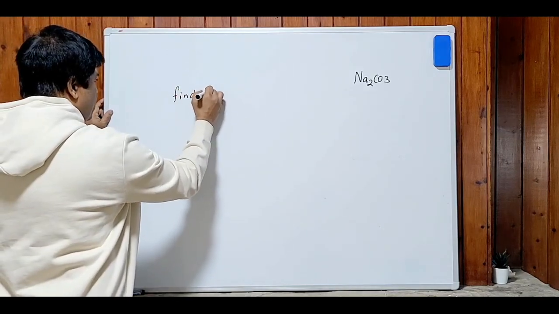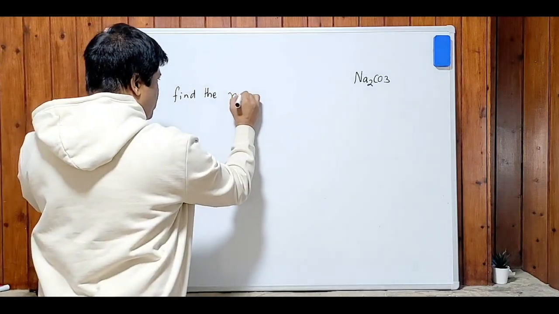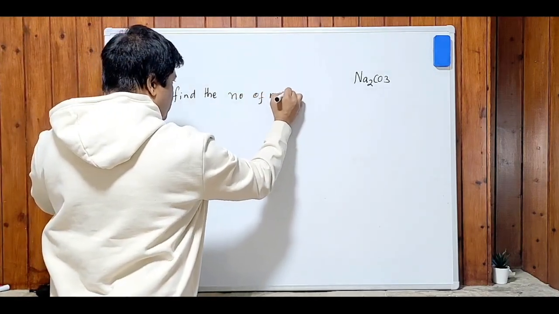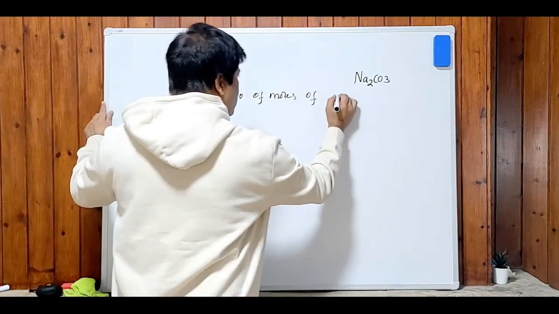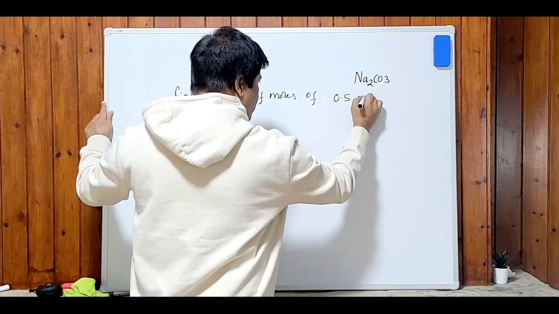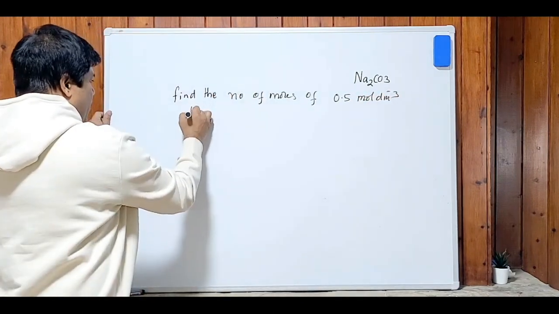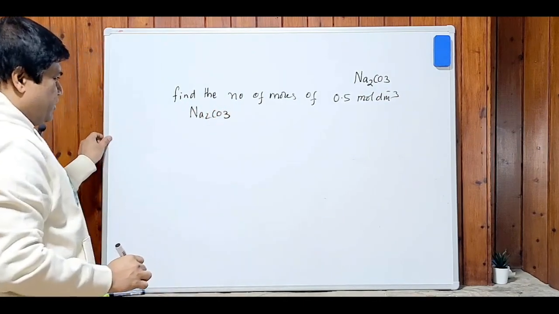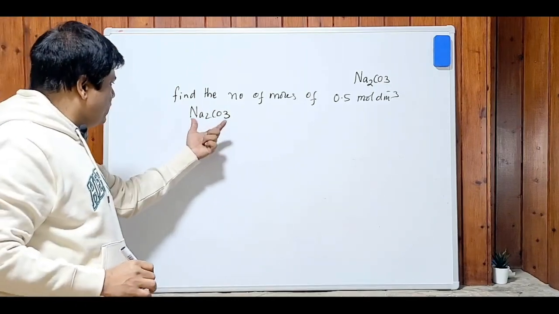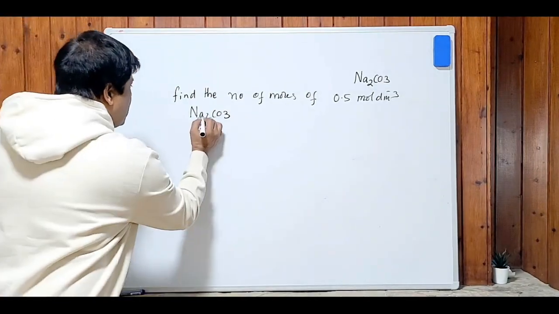Find the number of moles of 0.5 mole dm minus 3 Na2CO3 sodium carbonate dissolved in 250 centimeter cube. You can write the word sodium carbonate, but I want to use the chemical formula.